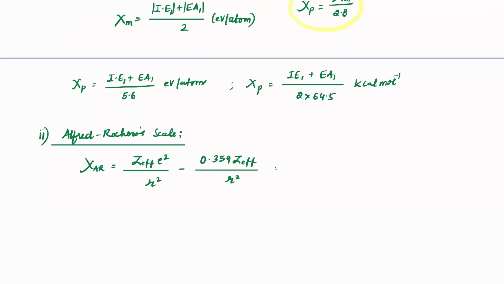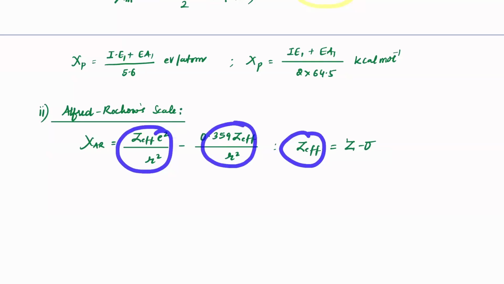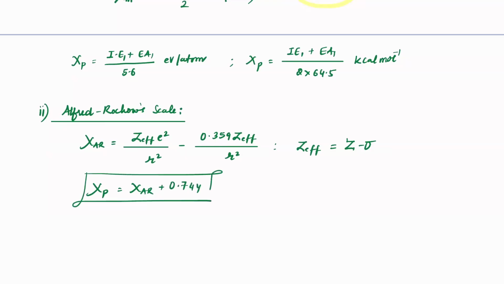So here Z effective you can calculate using Slater rules, that is Z minus sigma. This we have done, and substitute that Z effective value here, and you will be able to get the X of AR value. And when you compare this value with the Pauling scale, the Pauling value was found to be X_AR plus 0.744. This is another important relation between the Pauling scale and the Alfred-Rochow scale.